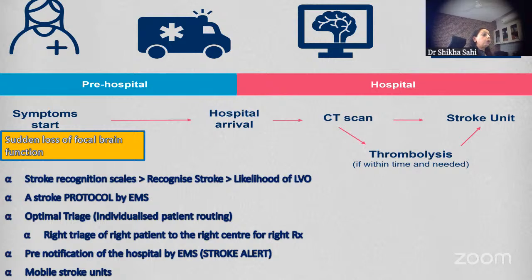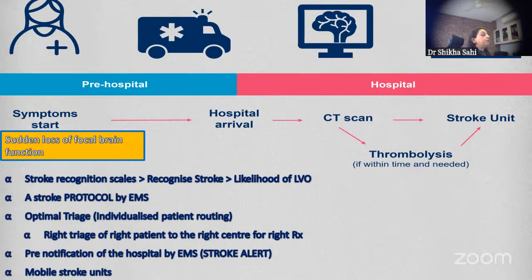And also, not only can the EMS recognize a stroke, but certain scales are developed which will help them recognize that this patient has the possibility of large vessel occlusion. Also, the use of stroke protocol by the EMS personnel, and optimal triage. So they should individualize the patient routing: sending the right patient to the right center, and also pre-notification of the hospital.